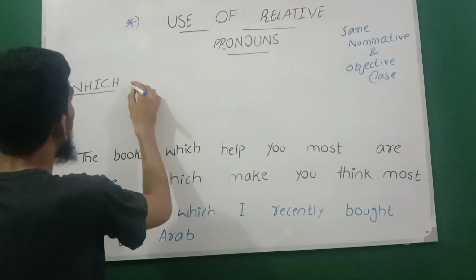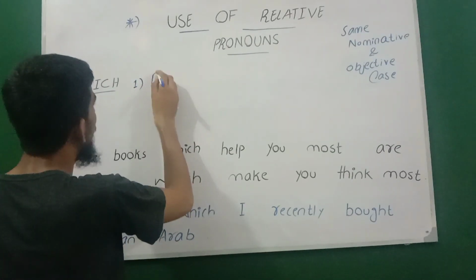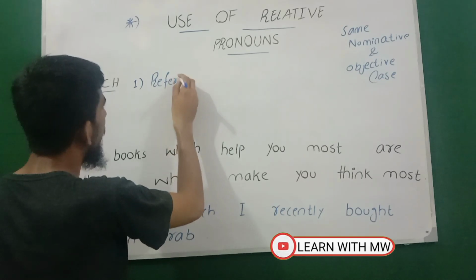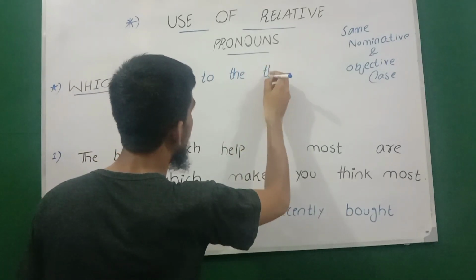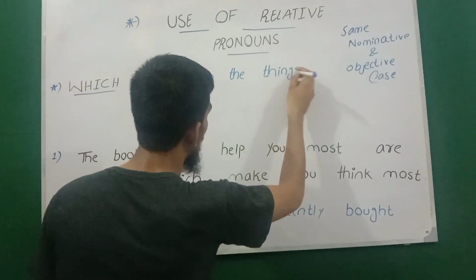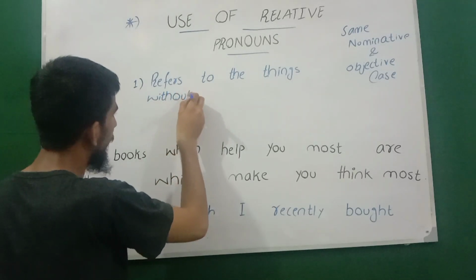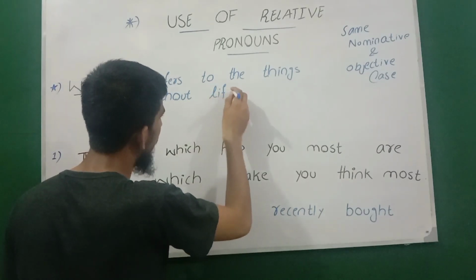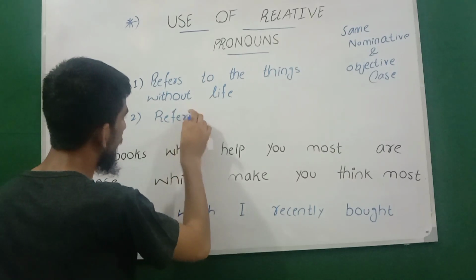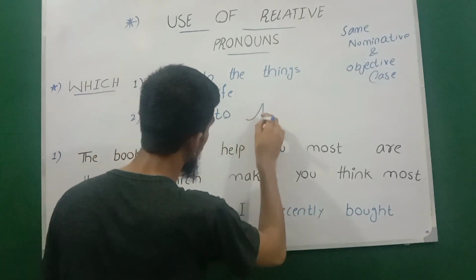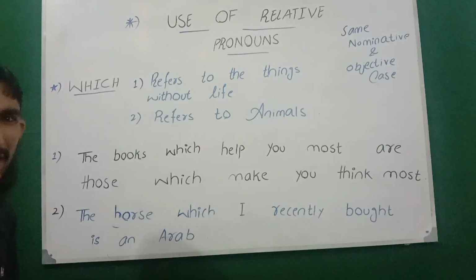Remember that the native writers have written in their books that which refers to two things. The first is that it refers to things without life, and the second is that it also refers to animals.